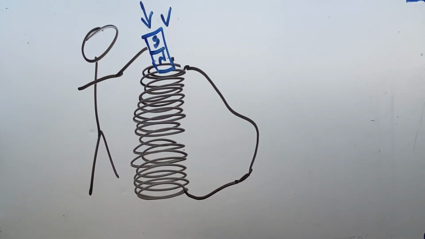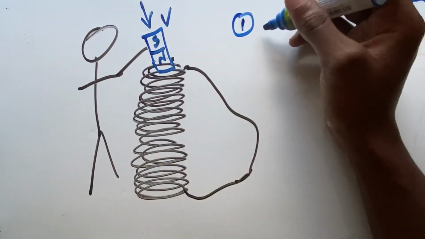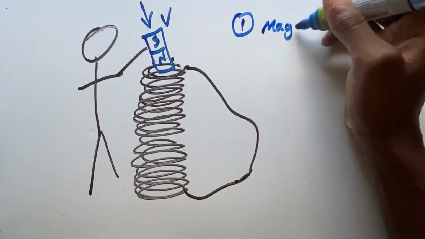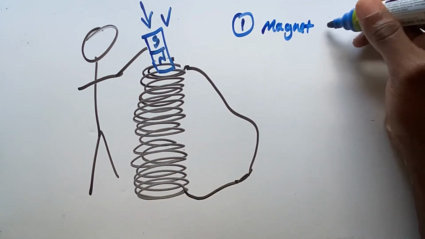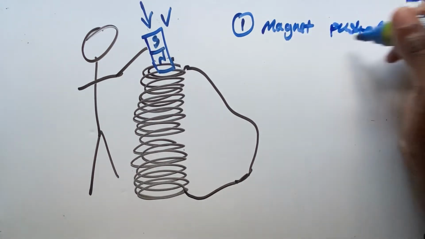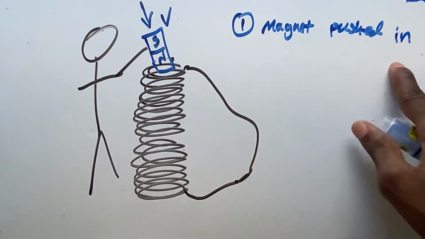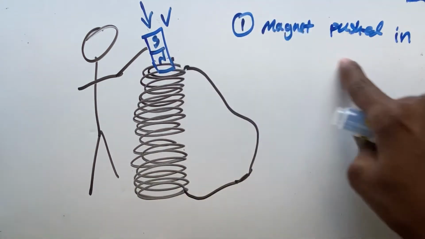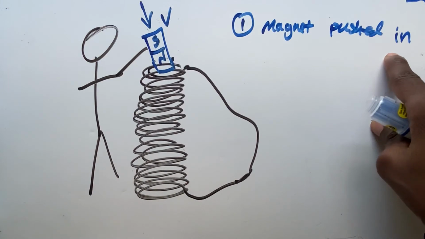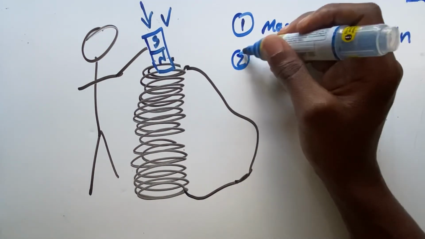So let me try to put it in order. So first, we have magnet pushed in. All right. So first, when this magnet gets pushed in with some velocity, then number two, the second thing that's going to happen is a current is induced.